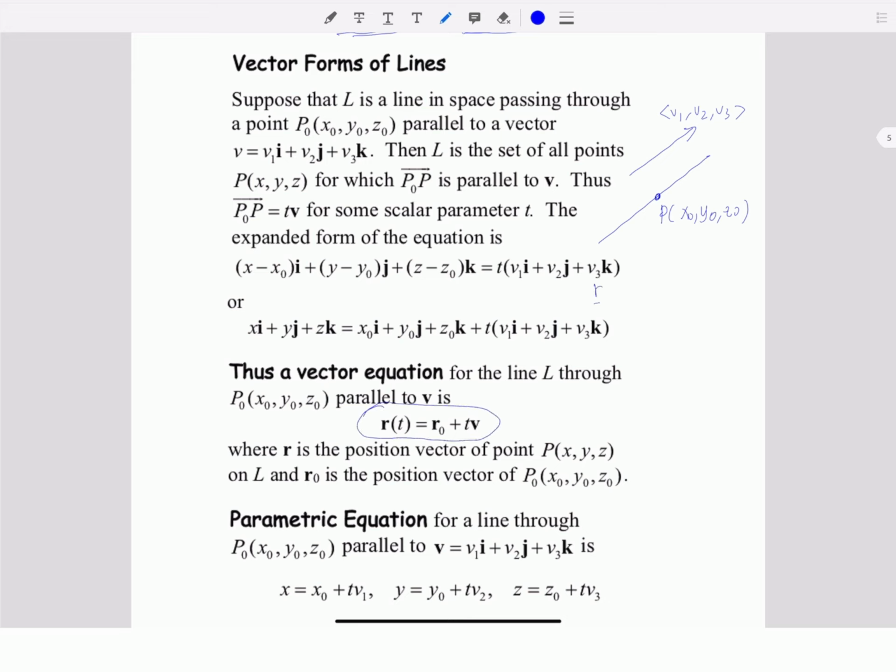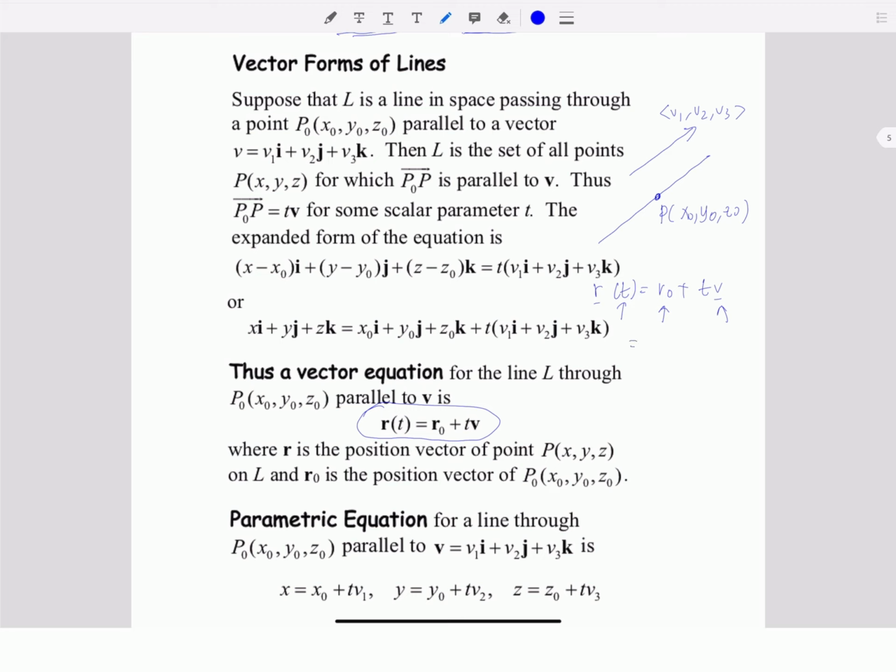For example, r(t) equals r0 plus tv. The t normally refers to time, r0 is the position vector, and v is the vector parallel to the line.